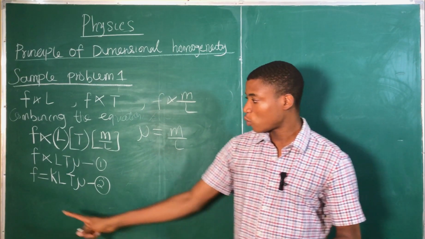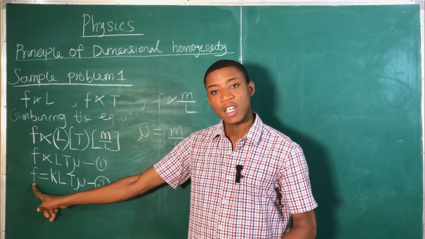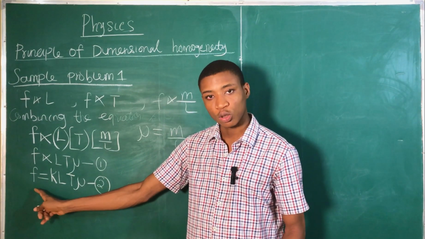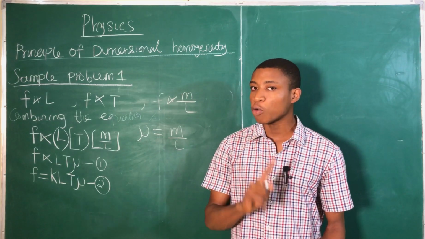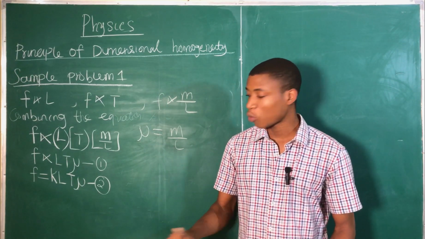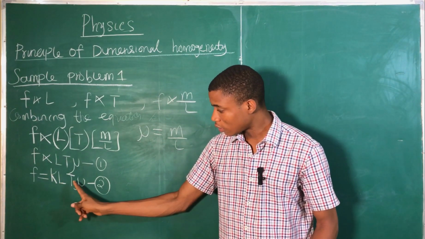Now, in this case, we're going to express the frequency in terms of its dimension, and we're going to express all of them in terms of their dimensions. But before we do that, we're going to assign powers for each of the variables.